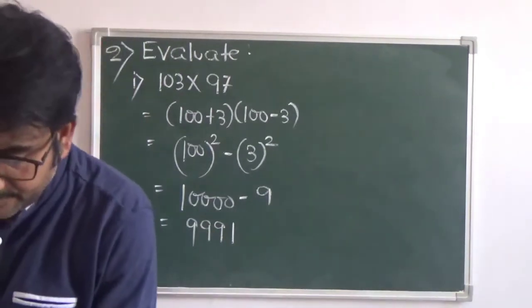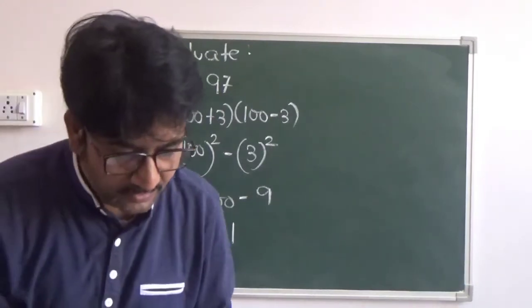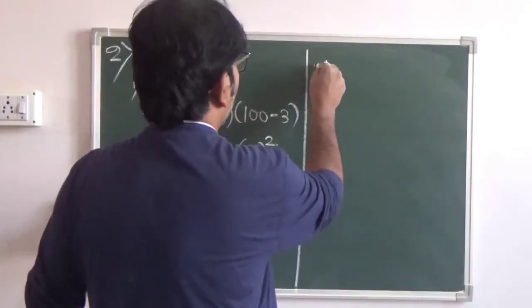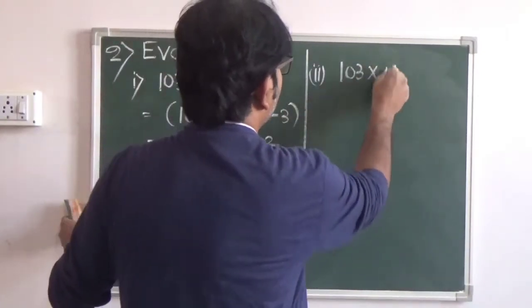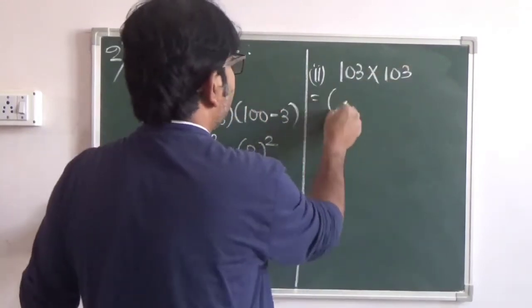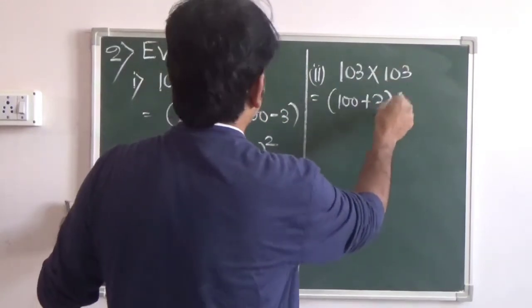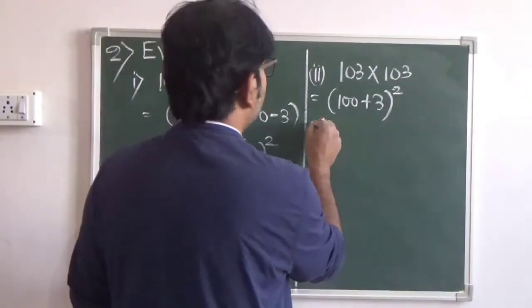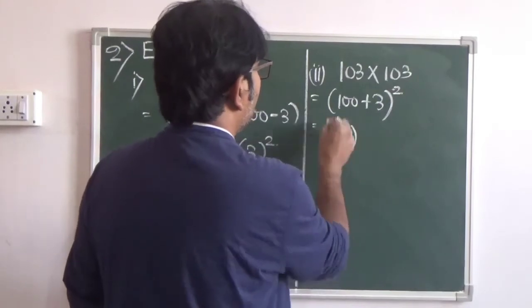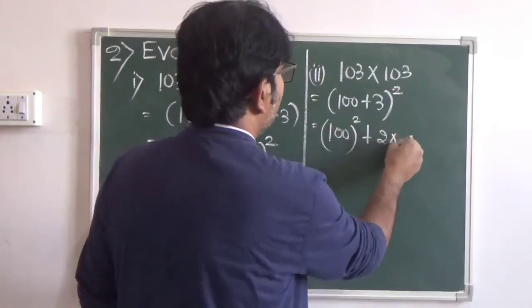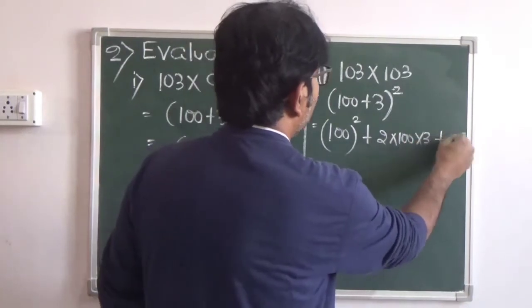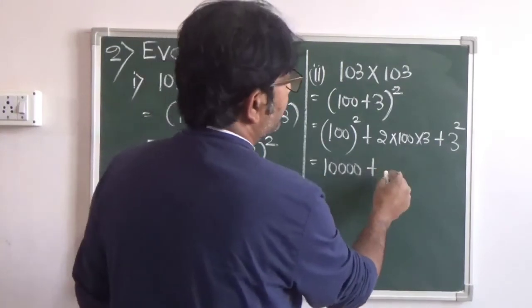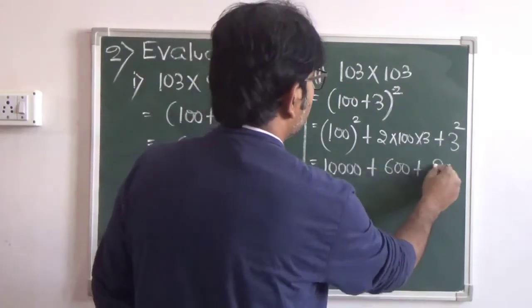Now the next question that you are going to take is 103 into 103. So we can write it as (100 + 3) whole square, that is (a + b)². So we can write it as 100² + 2 into 100 into 3 + 3², that is 10000 + 600 + 9.